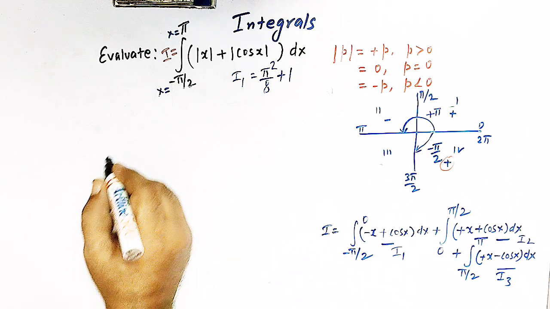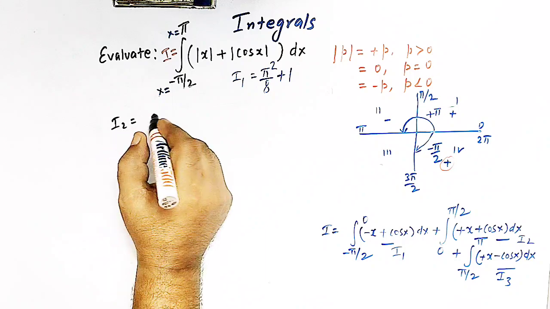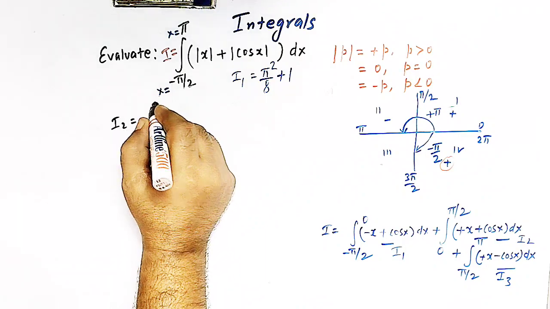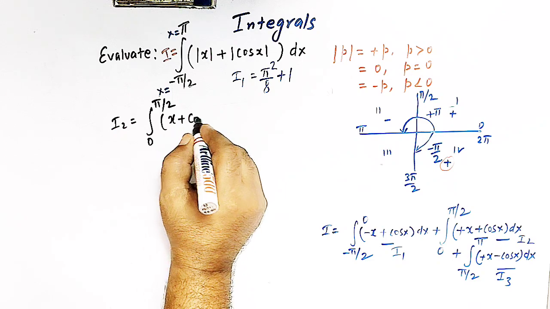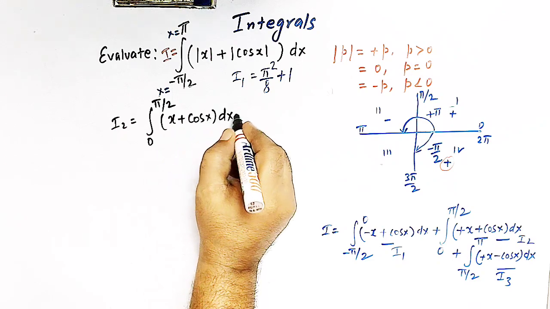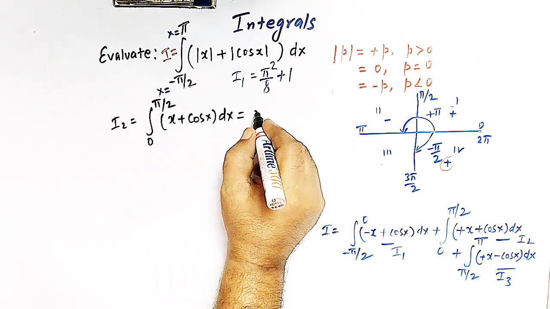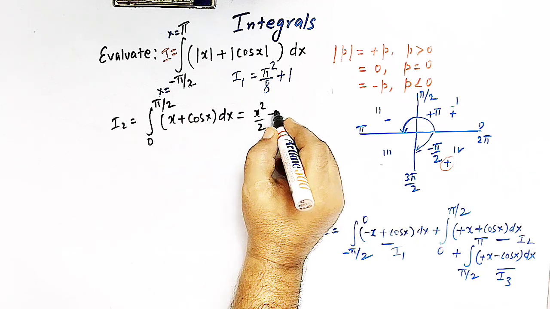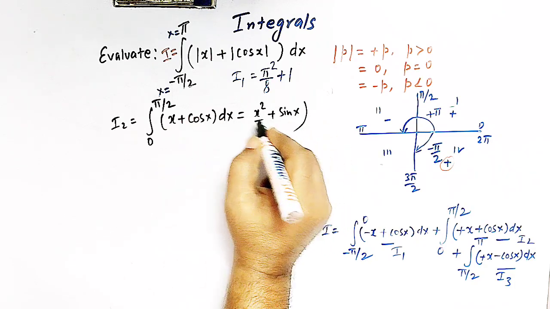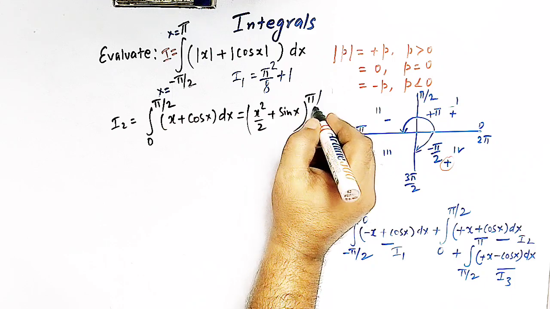Now let us find out I2. So we have I2 from 0 to pi by 2, and here we have x plus cos of x dx, and the integral of x is x square over 2, the integral of cosine x is sine x, and limits are from 0 to pi by 2.